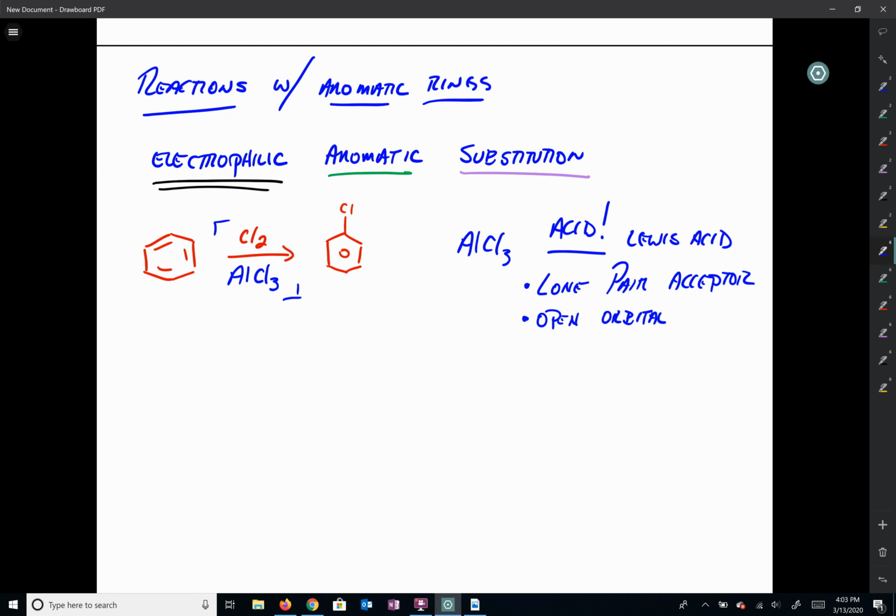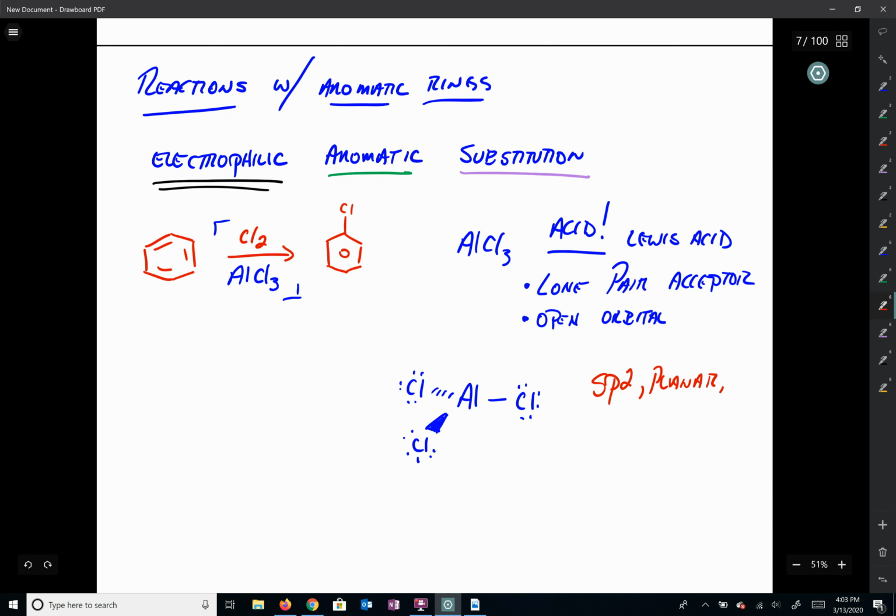So let's think about this for just a second. Here is the Lewis structure for aluminum chloride, AlCl3. I drew it like this, kind of looking at it from the side on. So it's planar. It's sp2 hybridized, so that means it's planar.